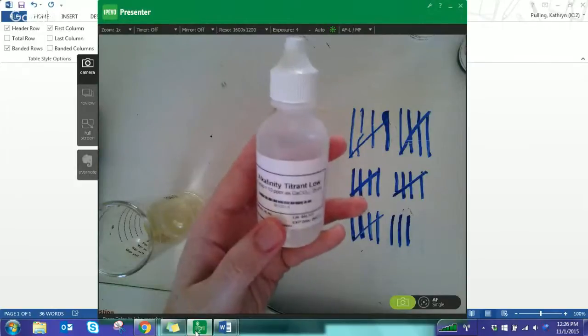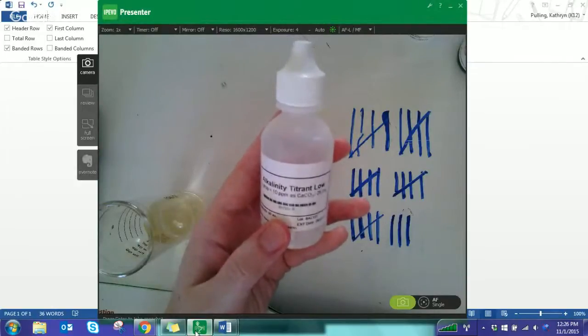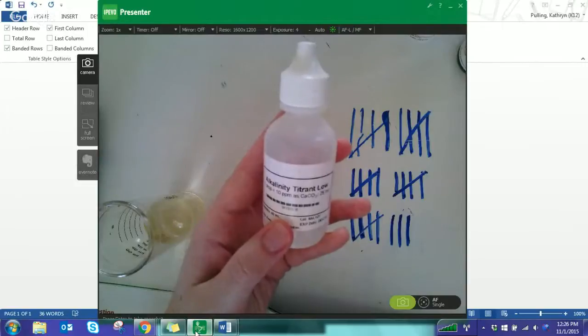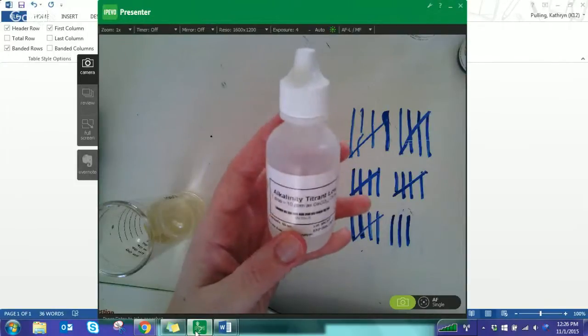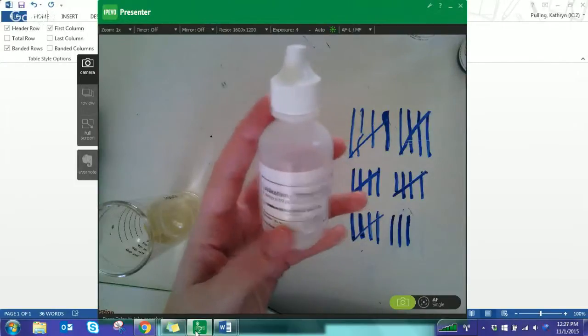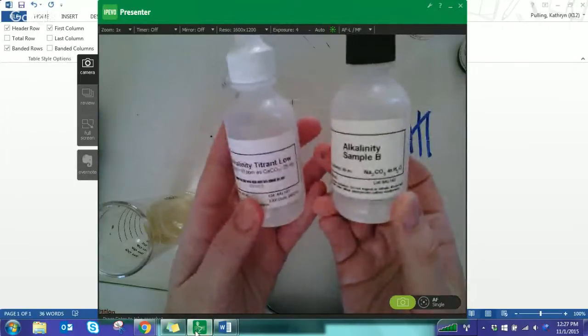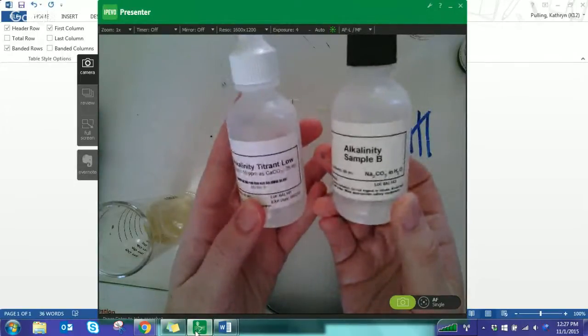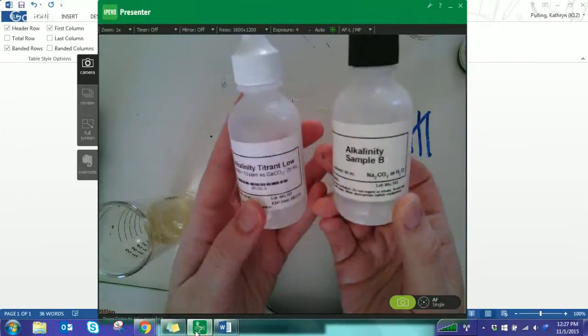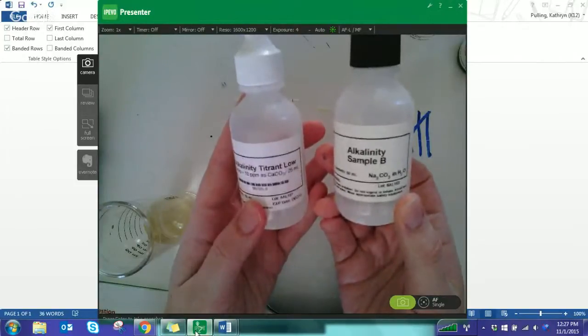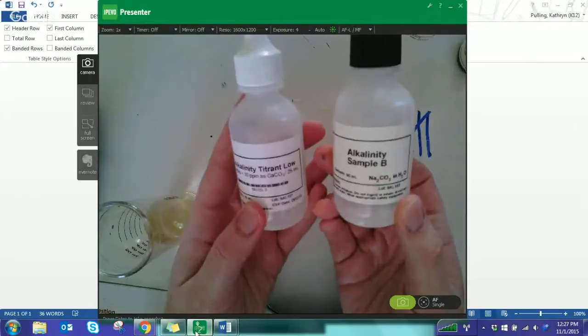It says calcium carbonate because that's usually what's naturally in our waters and tap water and things like that that acts as a buffer. We were using sodium carbonate, but if you look at the formula, there's only 1 carbonate in both formulas, so that's okay. We can think about that as a direct conversion. The sodium and the calcium part doesn't play any effect on this. It's the carbonate that we're really dealing with.